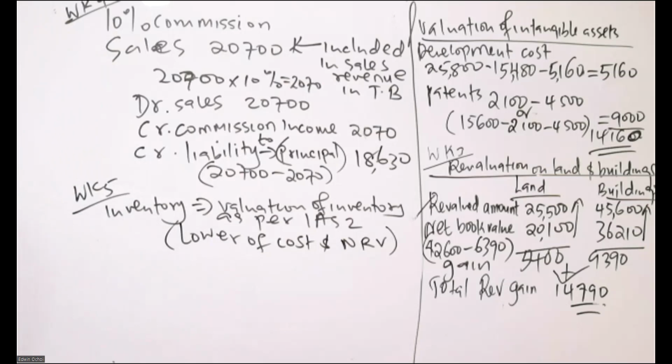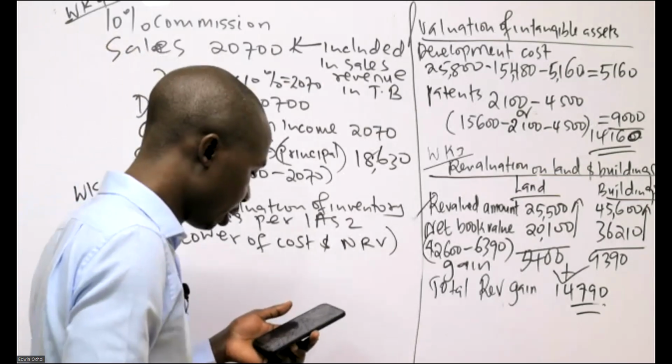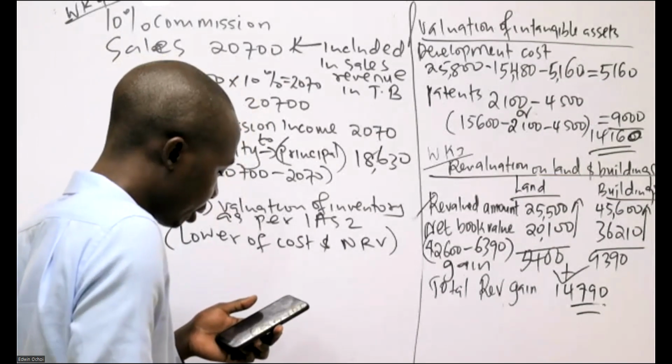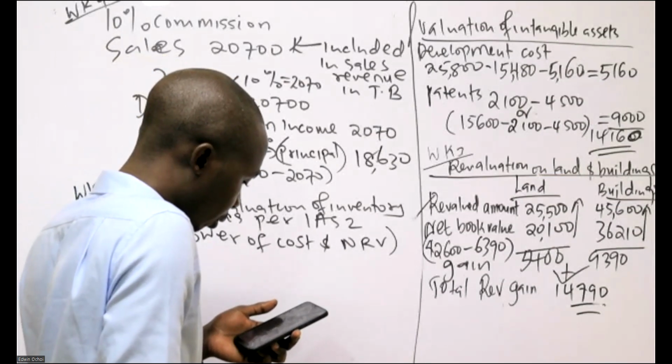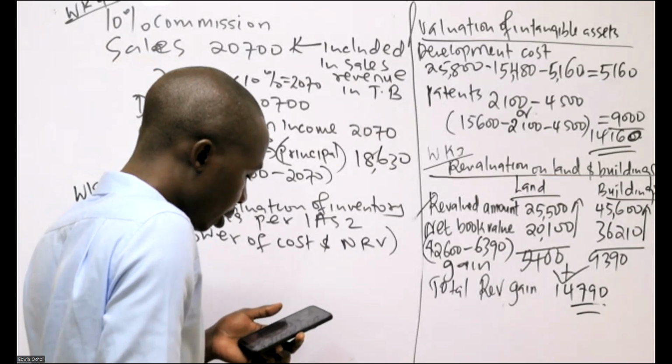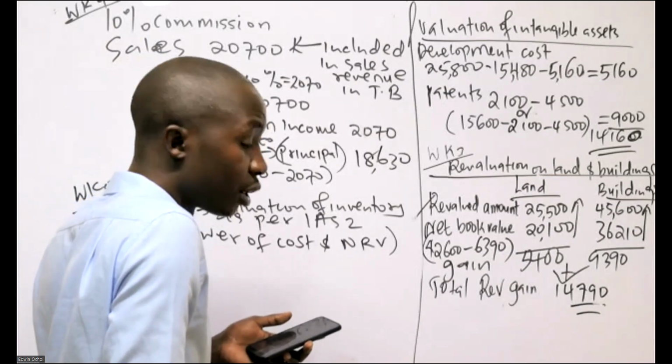Remember that in additional information number 5, they said inventory as at 30th September 2016 included partially damaged and slow moving goods.